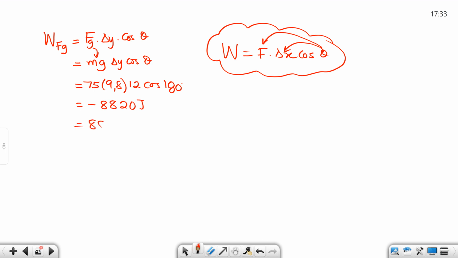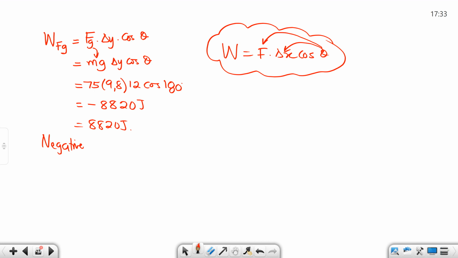So the work done by gravity is actually, do you know what the negative stands for? The negative simply means, no, it's not downwards. Let's quickly explore this. Energy is a scalar quantity. All right?